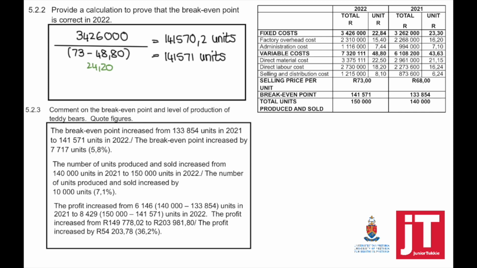So remember, when we're commenting on the break-even point and the number of units produced and sold, compare the break-even point from last year to this year, the number of units produced and sold last year to this year, and then we compare the break-even point with the total units produced and sold.